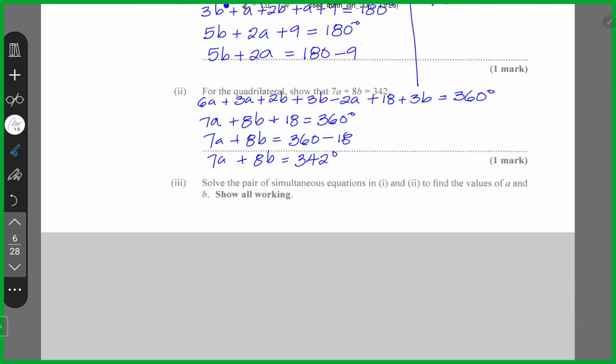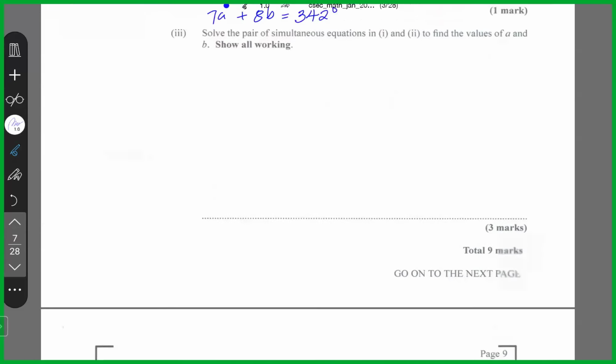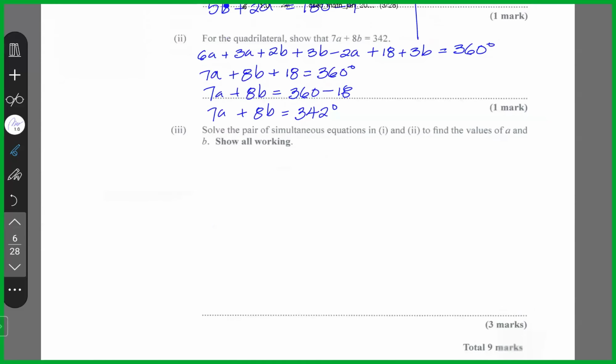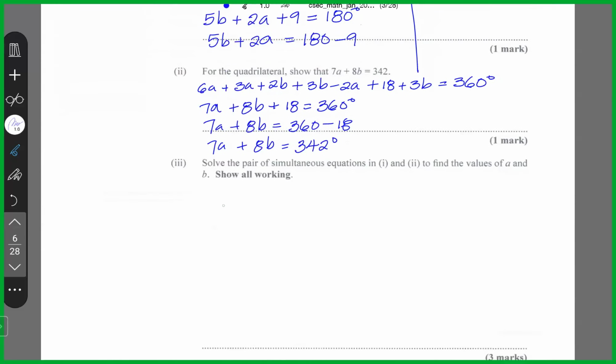Part three says, solve the pair of simultaneous equations. So now we have 5B plus 2A is equal to 171.